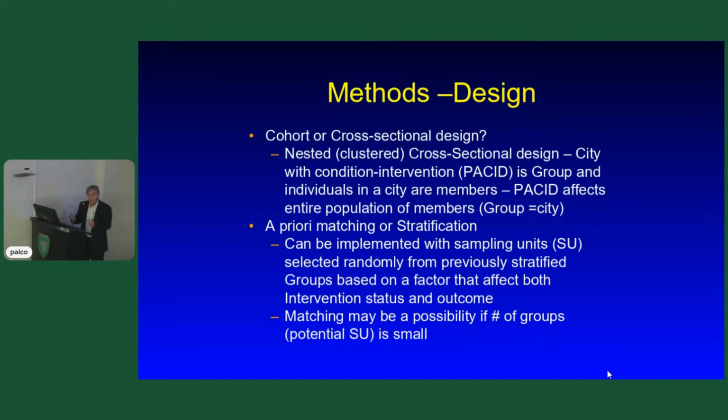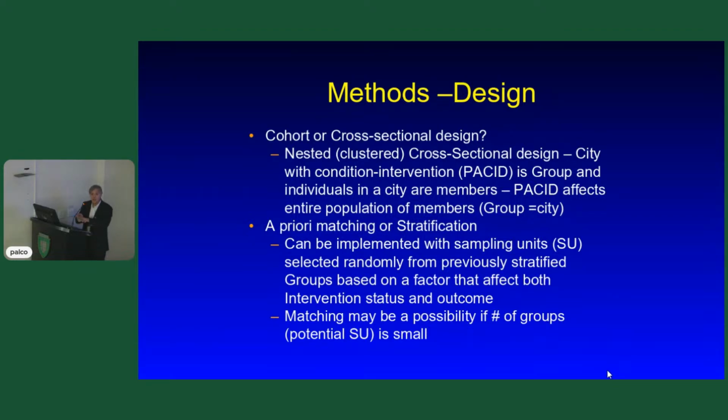Every city is a cluster, so I randomly sample the cities. I have 185 cities, so I take a random sample of 50 cities, okay? And out of the 50 cities, I take a random sample of their patients. You follow that? So it's a 2-stage random sample.